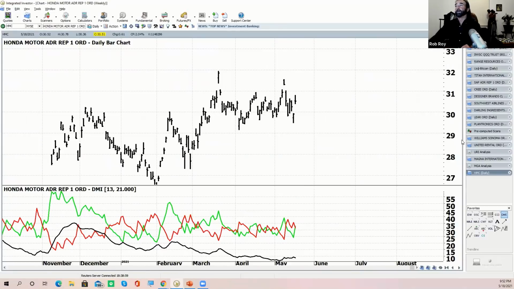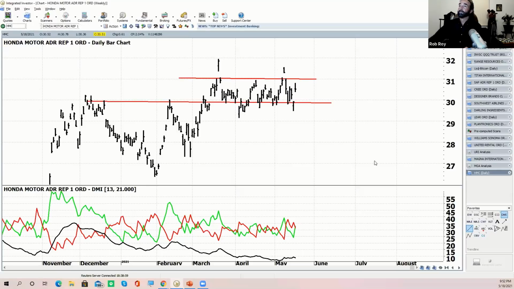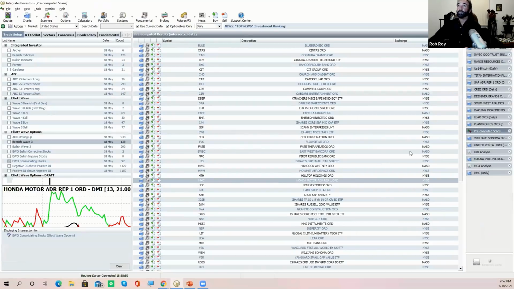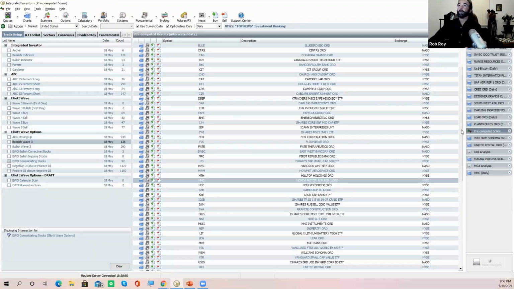That's another thing that with the search, when you're looking for consolidating stocks, you don't always find triangles. Sometimes you have a sideways consolidation, which is what we have here, which is a channeling effect. Not what we want for triangle breakouts.